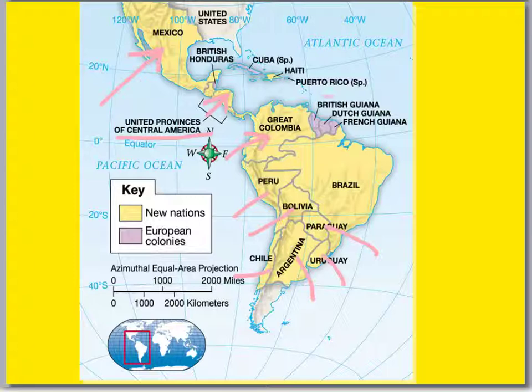You'll notice right here, though, you have the British Guyana, the Dutch Guyana, and French Guyana. So the British, the Dutch, and the French do have some possessions in South America. Now, here's what Spain owns. They own Cuba, and they own this little island called Puerto Rico. Okay? That's what's left of the mighty Spanish Empire.